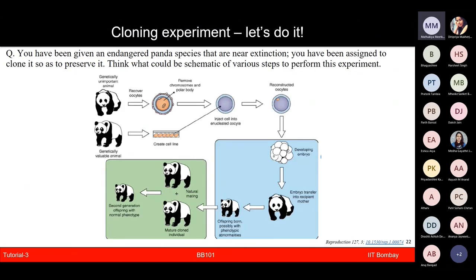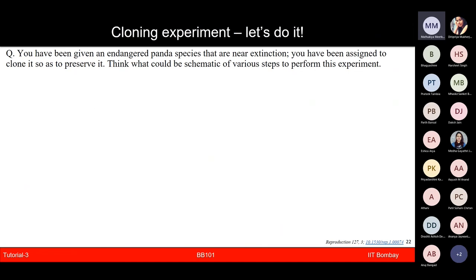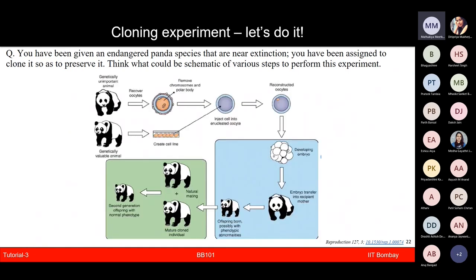Okay, so yes, this was about that. And there is cloning: you have an endangered panda species and you want to preserve it. You take the oocytes of a genetically unimportant animal, let's say a different species of panda, but you want just a particular lineage of panda, so you want to reculture it and keep it alive.